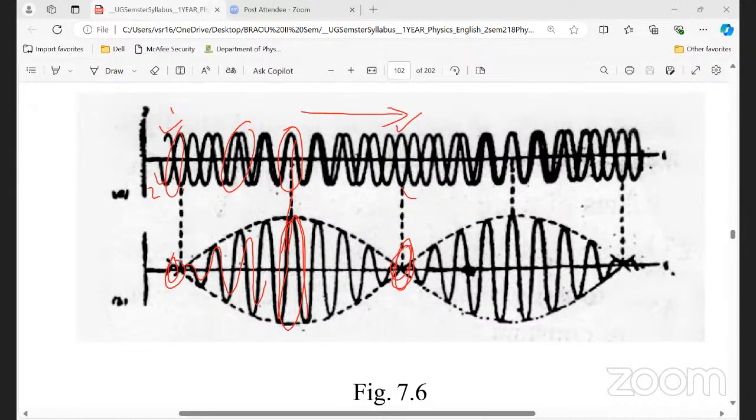Are you able to understand? And at these points the same two waves coincide, so these are antinodes, with the maximum amplitude. Again, here both are opposite. So with respect to the figure, you need to draw the figure, compulsory.